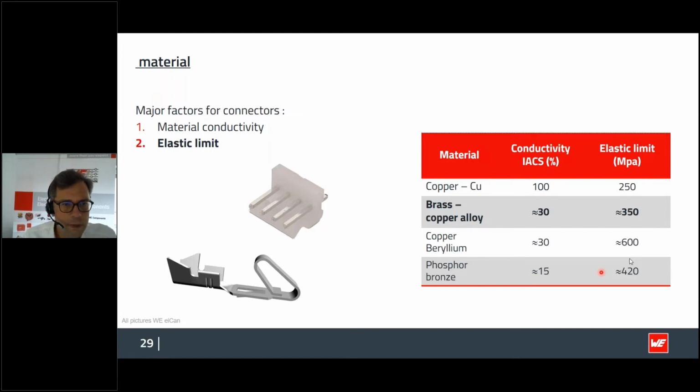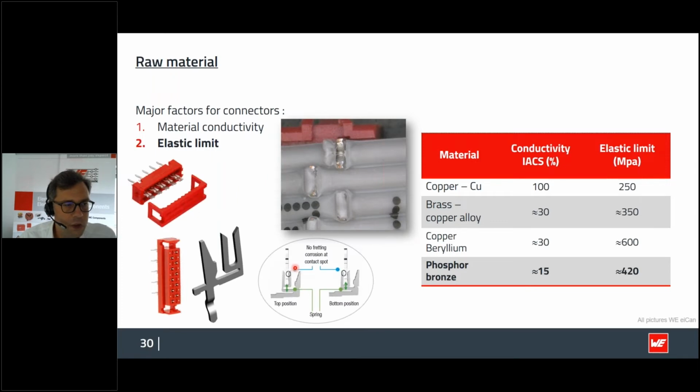That is an example, a copper alloy for wire board connectors that we have in our portfolio. Another example is shown over here. That is the mini module series, which is specially designed for shock and vibration, and especially because of vibration, you choose a material that has very good elastic limits. And therefore bronze is used.